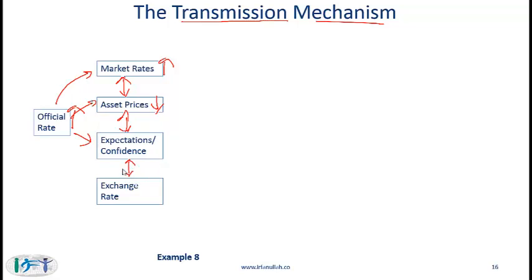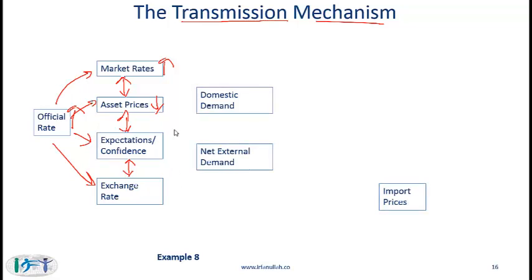But simplistically, typically when the interest rates go up, the local currency strengthens, which means that exports will become less. If our goods are more expensive now for the rest of the world, then the demand will come down. So both the domestic demand and the external demand will come down.